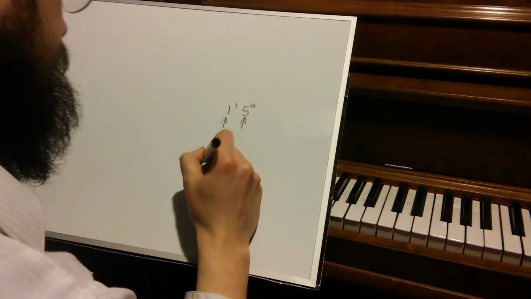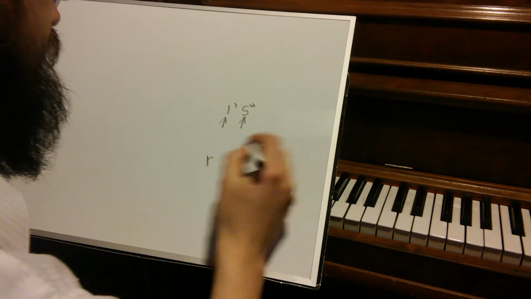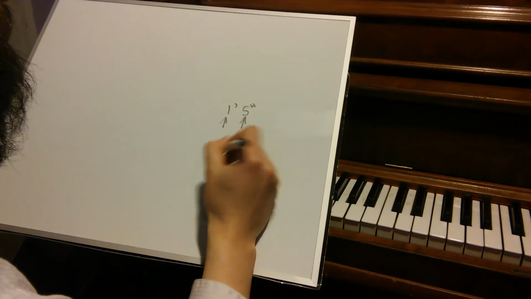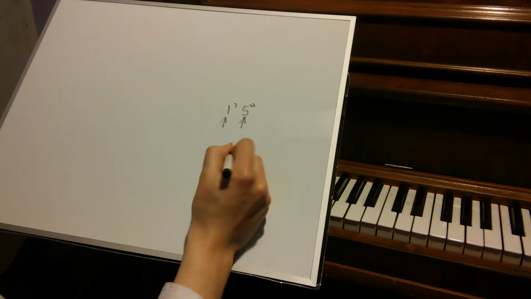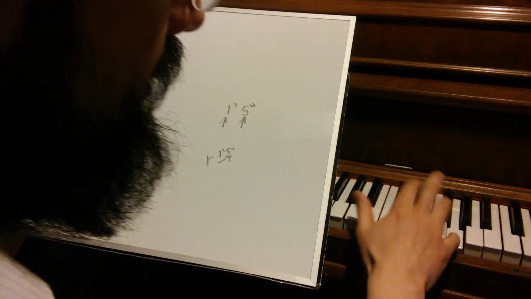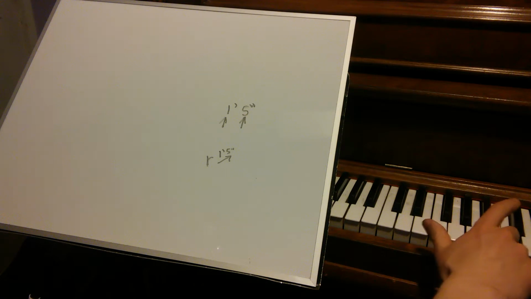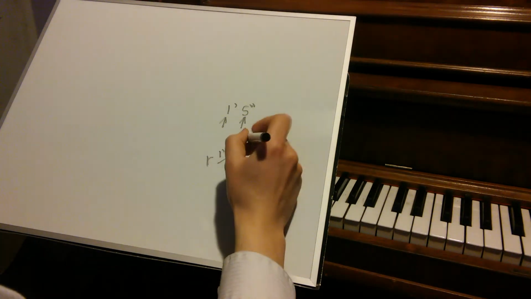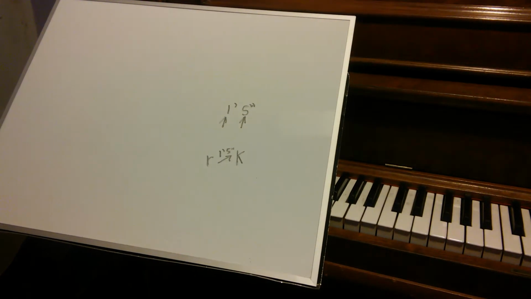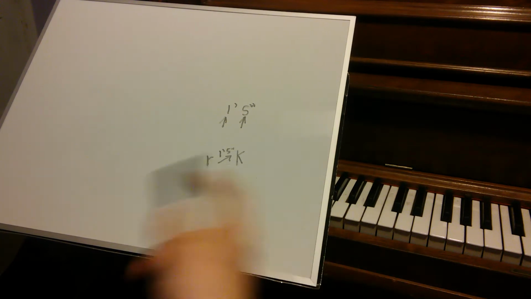Yeah. So if I go R and then up 1 octave and 5 chromes, 1, 2, 3, 4, 5, up to K. You can think of it just like inches and feet.